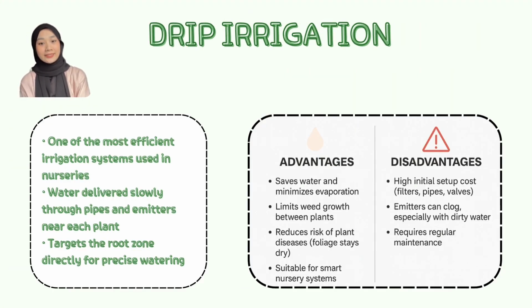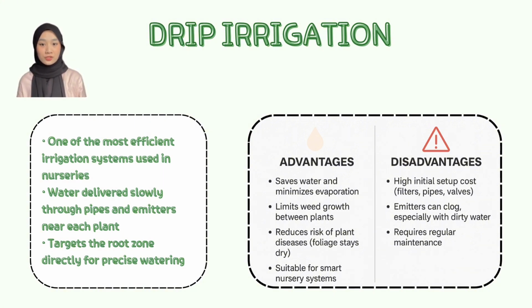Let's take a closer look at drip irrigation, which is one of the most efficient systems, especially in nurseries. In this method, water is delivered slowly through a network of pipes and small emitters placed near each plant.